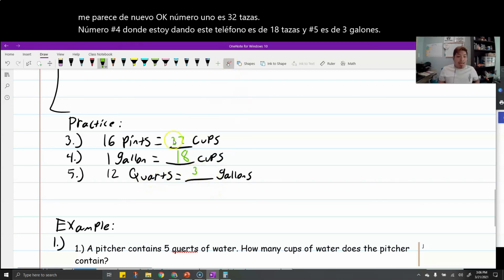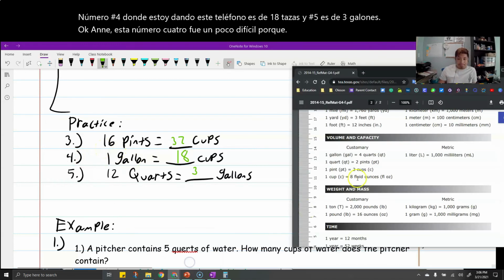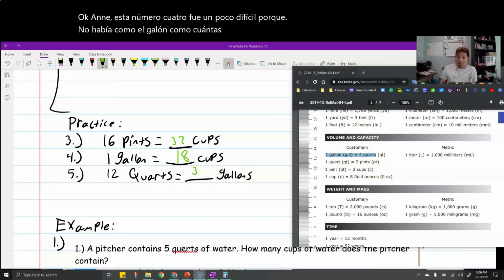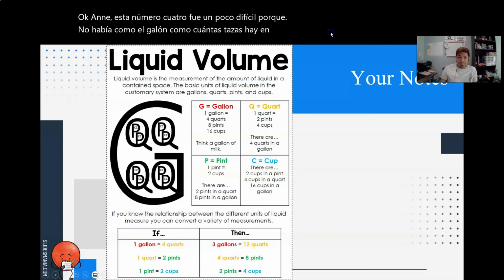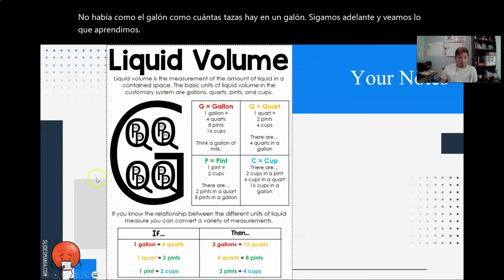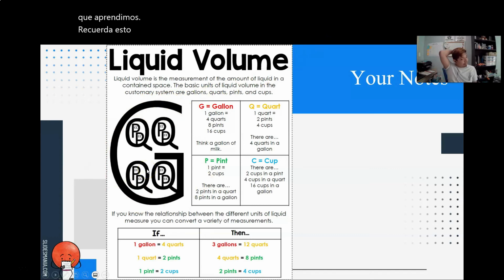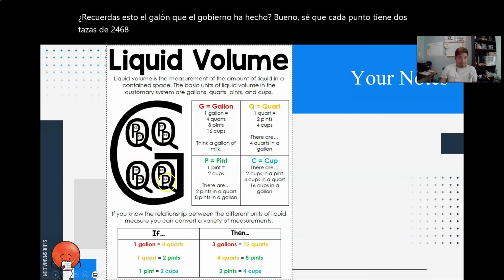Okay, and number 4 was kind of hard because there was no gallon to cups on the sheet. How many cups are there in a gallon? Well, let's look at what we learned. Remember this, the gallon people, the gallon land. I know that each pint has 2 cups, so 2, 4, 6, 8, 10, 12, 14, 16.